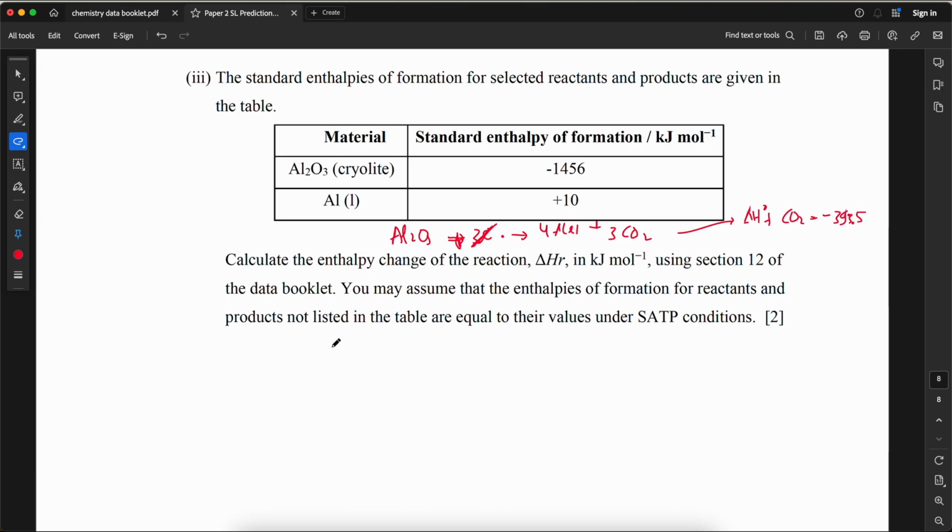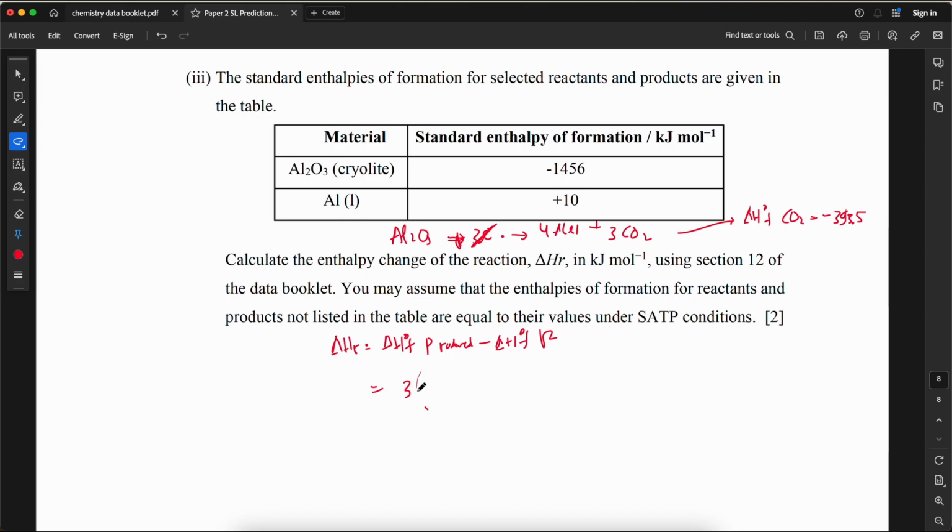So now we can calculate enthalpy change of reaction, which is enthalpy formation of product minus reactant.